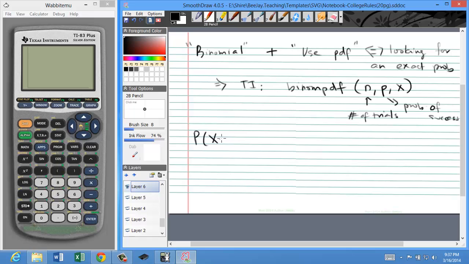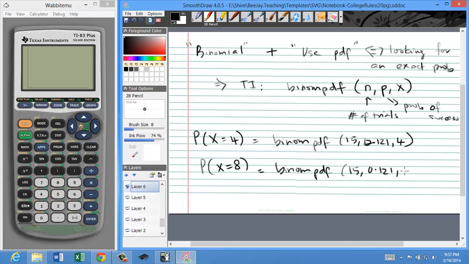So probability of x equals 4 in our problem could be easily found by doing binom PDF, n is 15, p is 0.121, followed by x, which is 4. And probability of x equals 8 can easily be found as binom PDF 15, 0.121, 8.